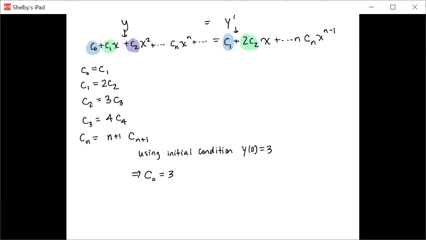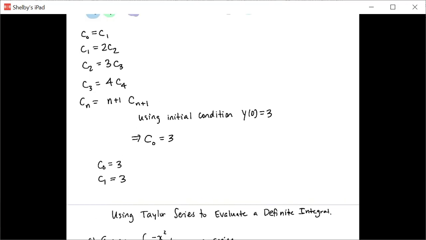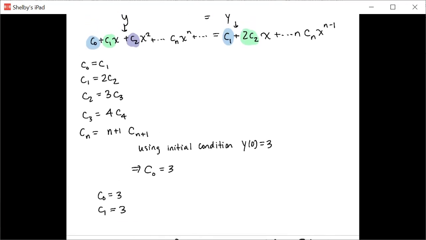So I can go back and say that, okay, so c sub 0 equals 3, c sub 1 equals 3. C sub 2 equals c1 over 2 will give me c2. So 3 over 2.